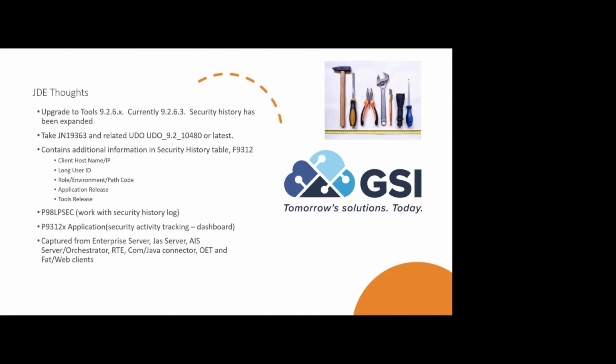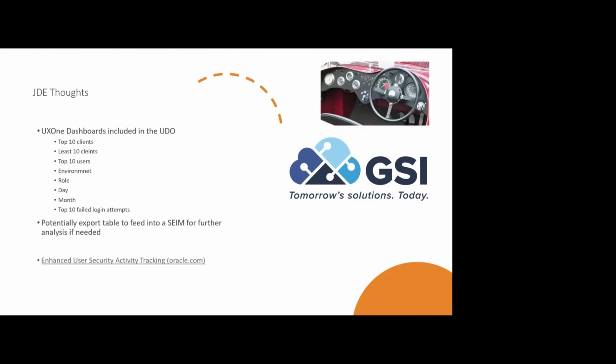They capture logs from the enterprise server, et cetera, Jazz Server, AIS, all the way through connectors, web, and fat clients. That's where they get the data from. And there's also some dashboards that they provide automatically that you can browse. And in our document, there's an Oracle document on enhanced user security if you want to know what this is.